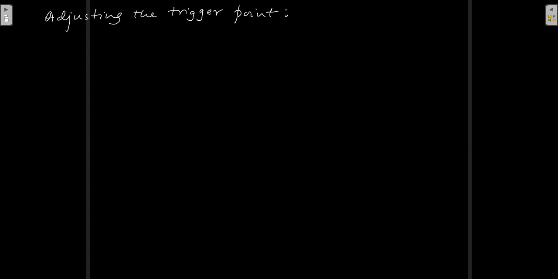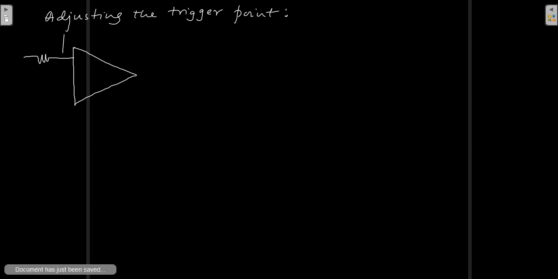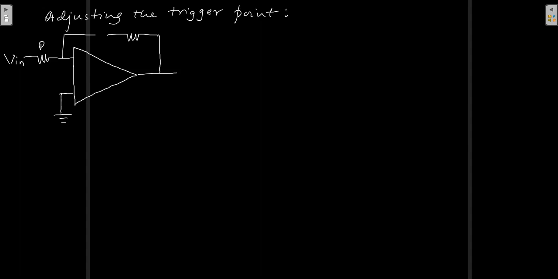Let me do it for one case. After having seen how we adjust the trigger points for the inverting amplifier, the non-inverting amplifier should not be a problem for us. So this is my V in, R1, R2, this is plus, this is minus, plus VCC, minus VEE, and this is V0.